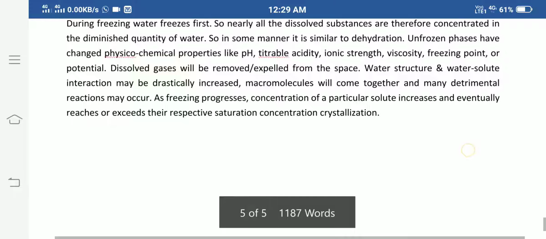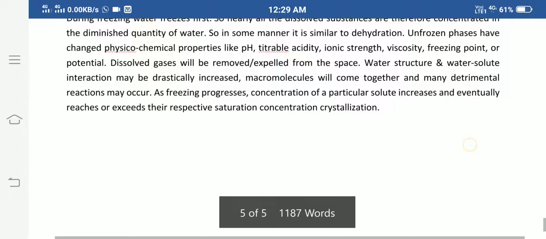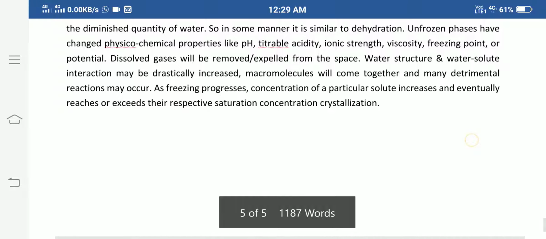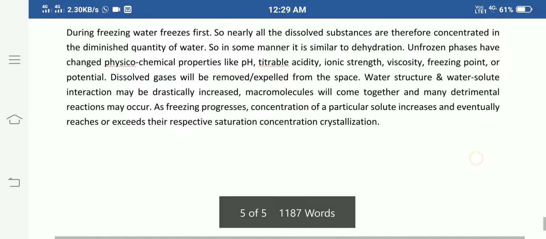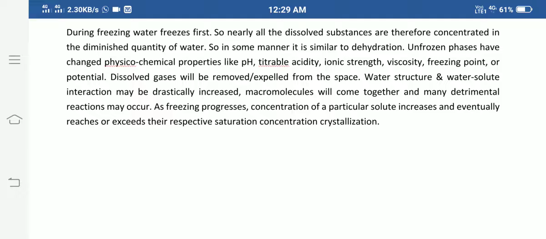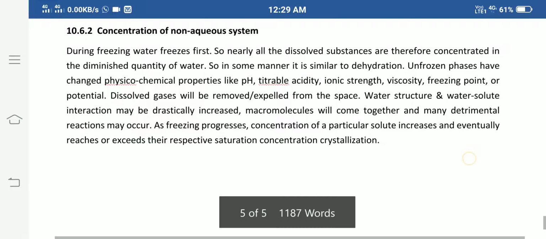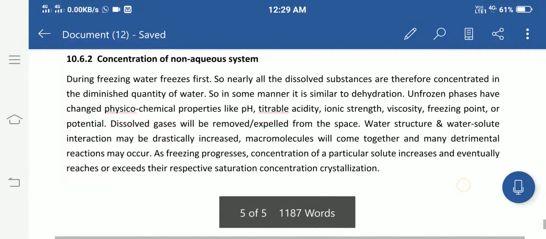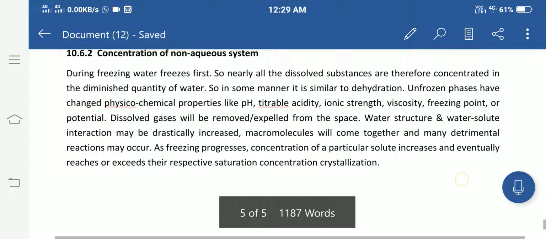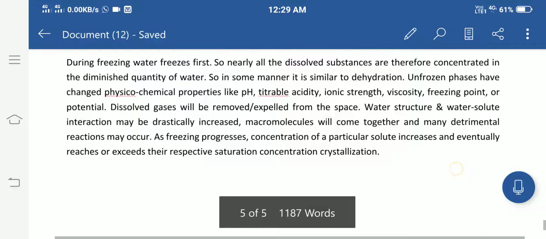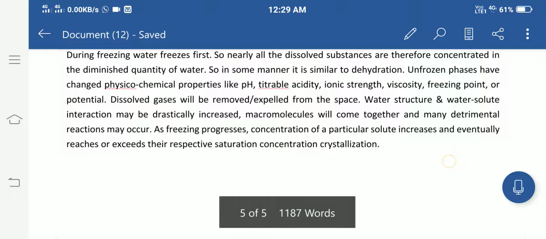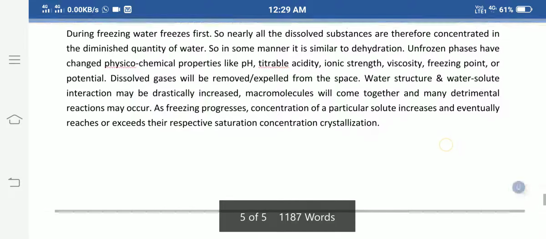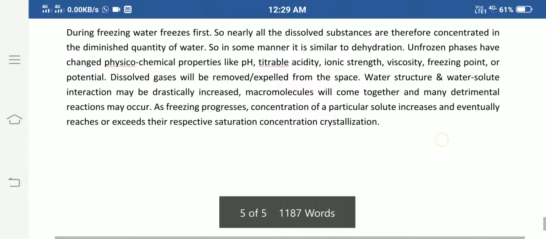Macromolecules will come together and many detrimental reactions may occur. Because when there is no water available to interact with the non-aqueous system, it will affect properties like pH, titratable acidity, ionic strength, viscosity, freezing point, etc.